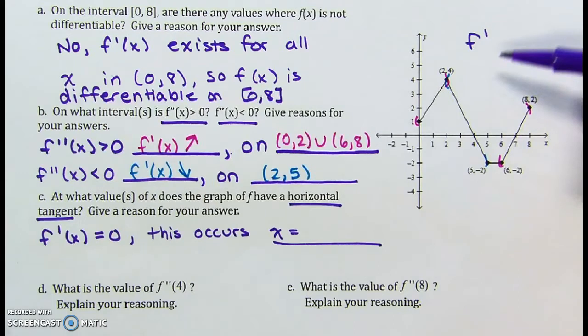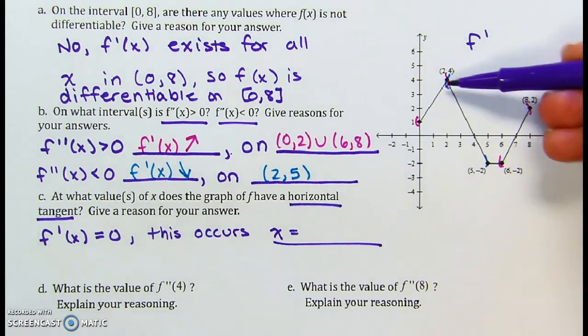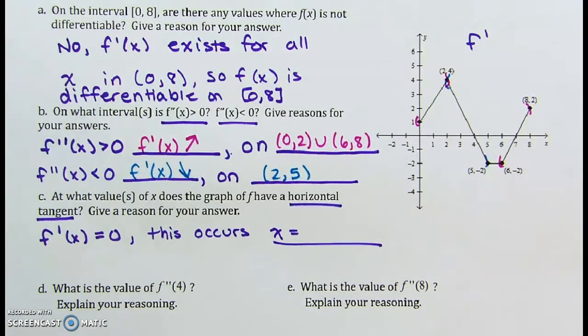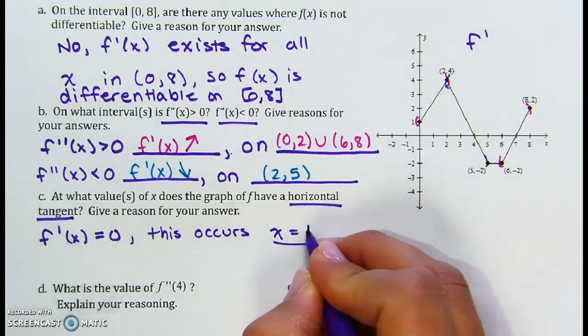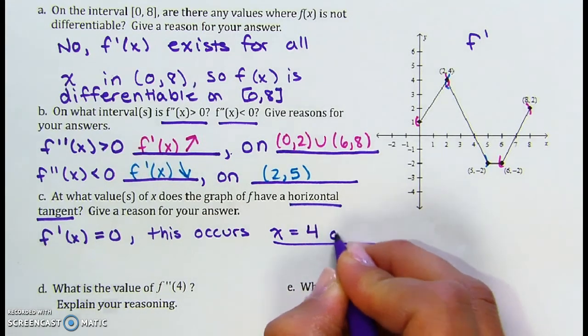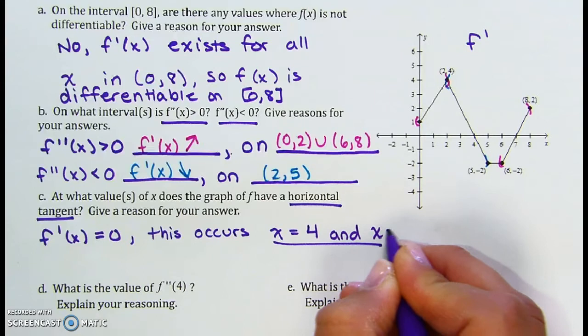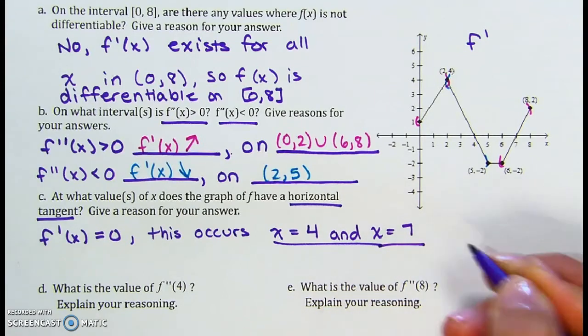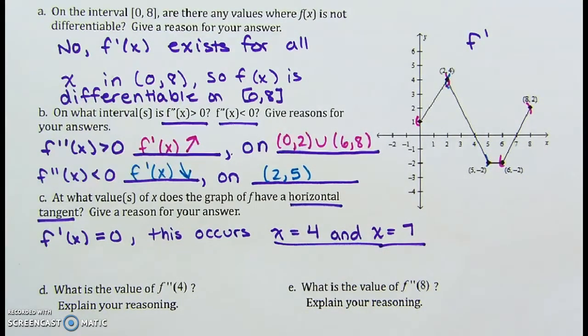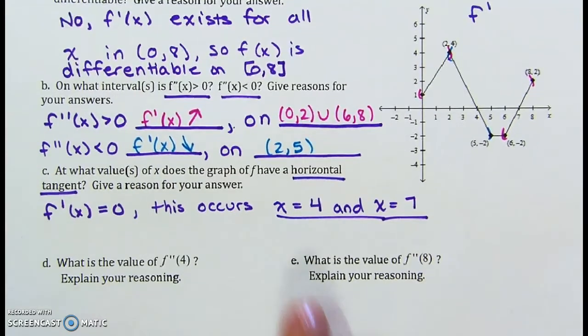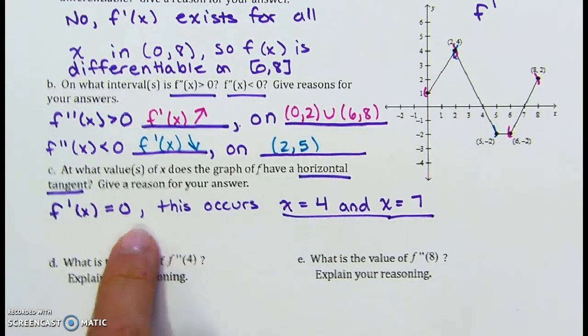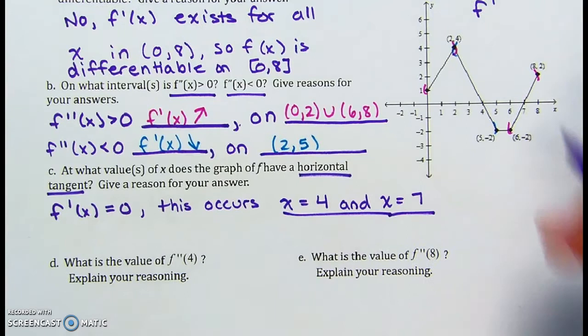Where is the derivative? This is the derivative. Where is this equal to 0? At 4 and where else? 7. So that's where f would have a horizontal tangent line. F has a horizontal tangent line when the derivative equals 0, which occurs at 4 and 7.